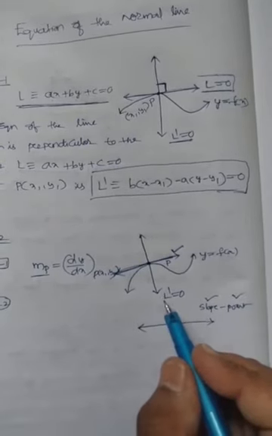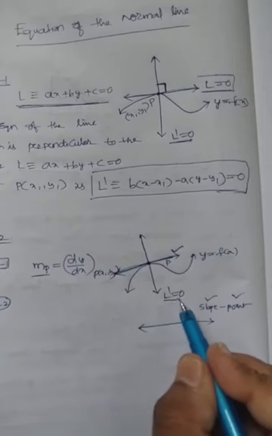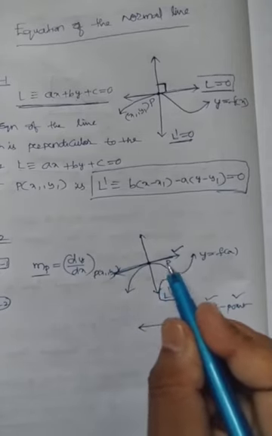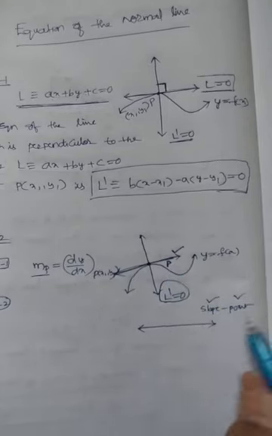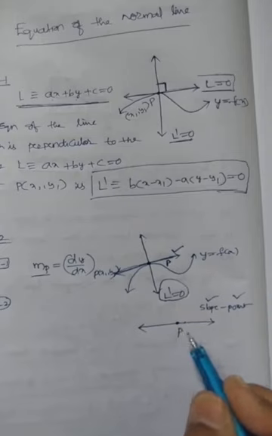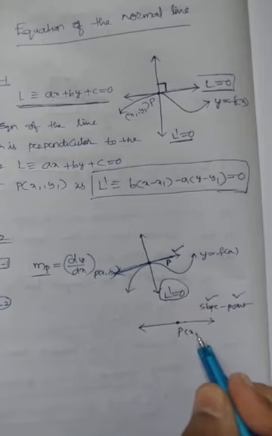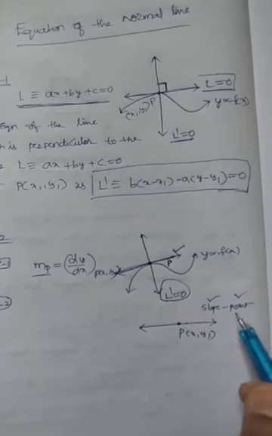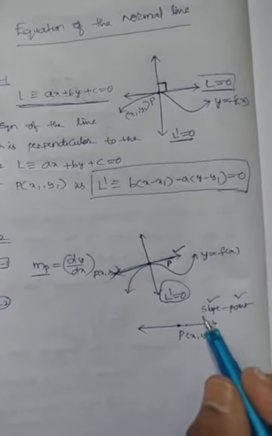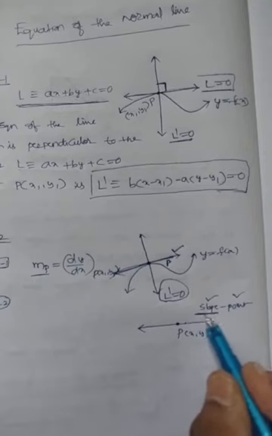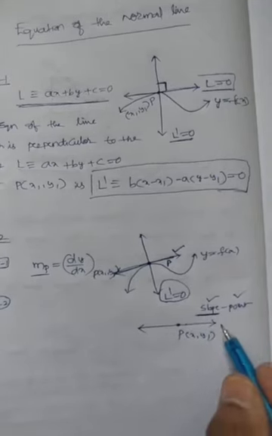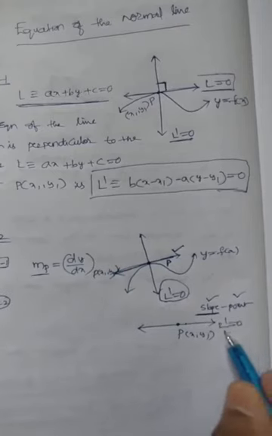So to find the normal line equation, L dash is equal to 0, you have a point P of x1 comma y1 on the normal line. What you require is the slope of the normal line.